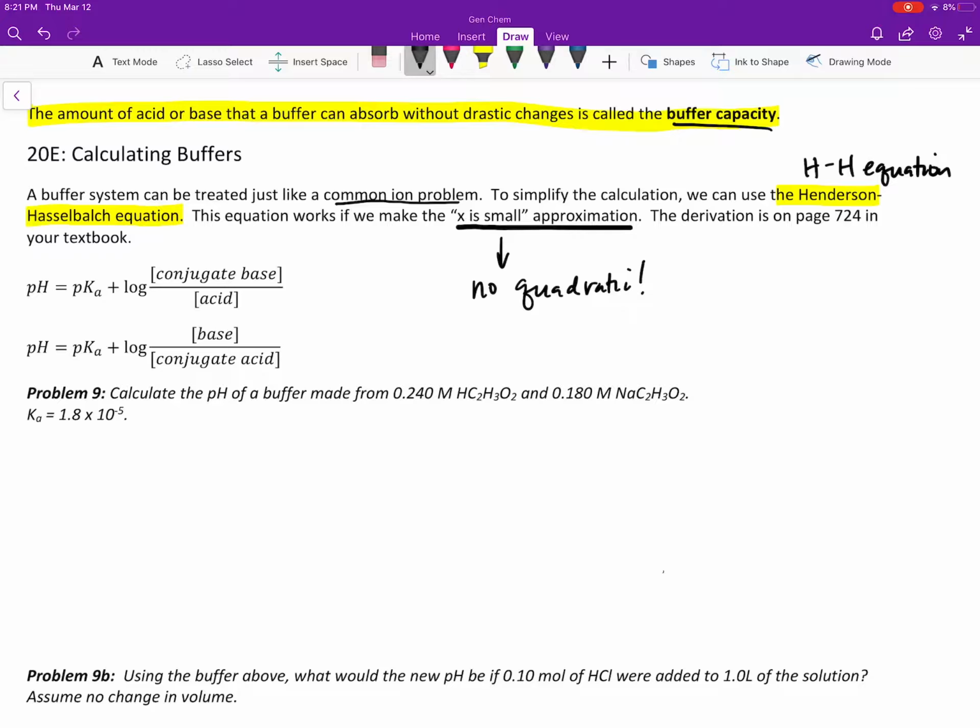Now, essentially, this is just products over reactants. Even though we don't necessarily write that in there, it's still going to be products over reactants. So when we think about our general expression of an acid that we wrote back in lesson 17, it's products over reactants, A minus over HA.